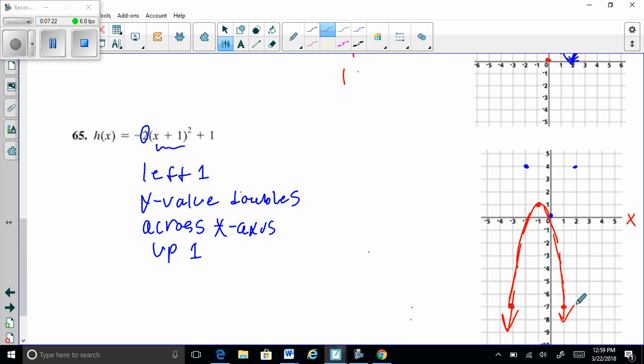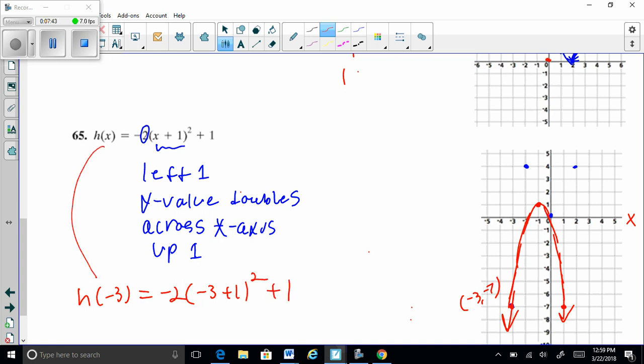And right here, just to show you that this works, this point was at -3, -7. So we can plug in -3 real quick, so you all can see this in action. We have -2 times (-3 plus 1) squared plus 1. I'm just taking this and plugging in -3 for x.